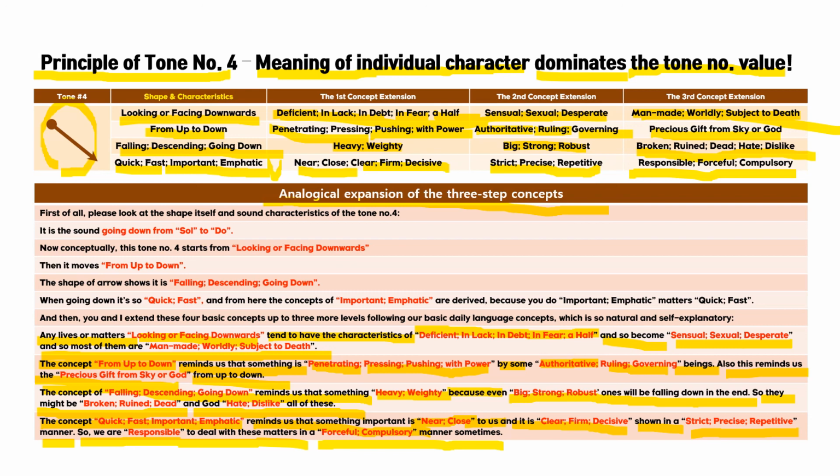So I will explain this table for each character when it comes up. So never mind at this moment. You just need to know how these concepts for each tone number for Chinese characters have been derived. It is the shape.